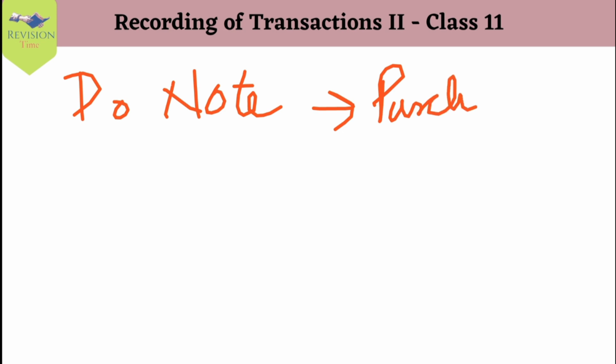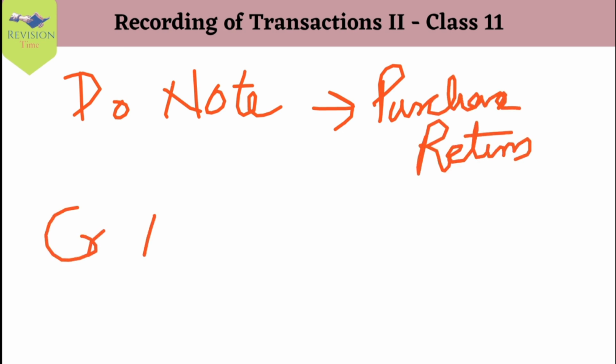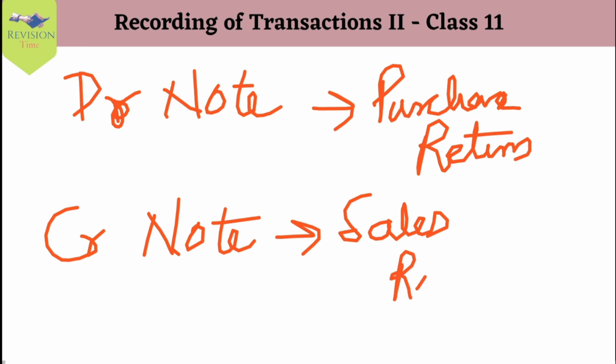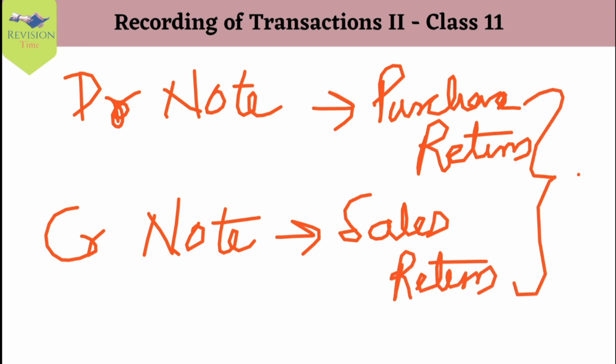If you remember, we have studied about debit note. When in purchase return, debit note is raised, and credit note is raised in sales return. What is the difference between these both documents?